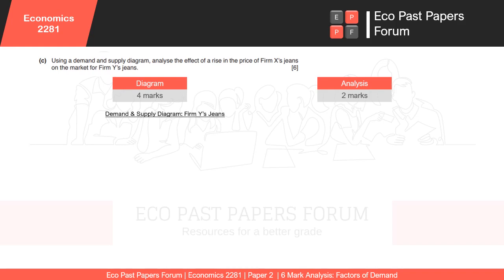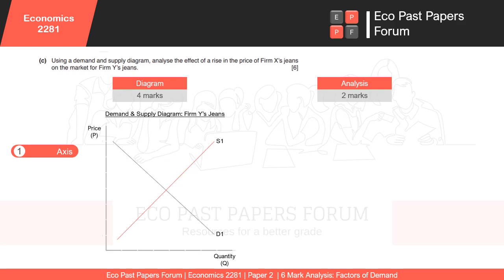I start by drawing a diagram and I am more comfortable when I keep a heading for my diagram. So I write a heading, demand and supply diagram for firm Y's jeans, because this is the firm I have to analyze the effect on. So I draw the axis and I label it price and quantity. If I do that, I get 1 mark straight away.